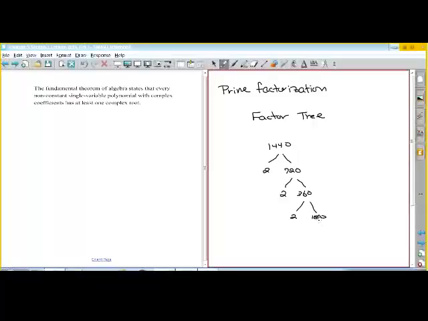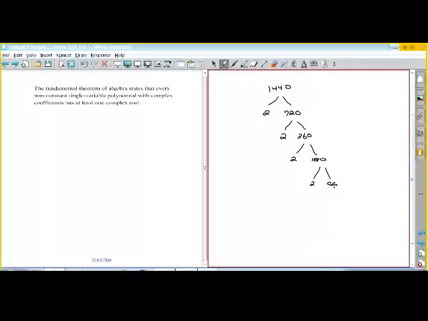And again, I'm doing this in my head, but you can use your calculator. Is this even? Yes, so I can keep going. I divide 180 by 2, same prime number, I get 90. Then I ask, is that even still? Yes. So I still divide by 2, and 90 divided by 2 is 45.